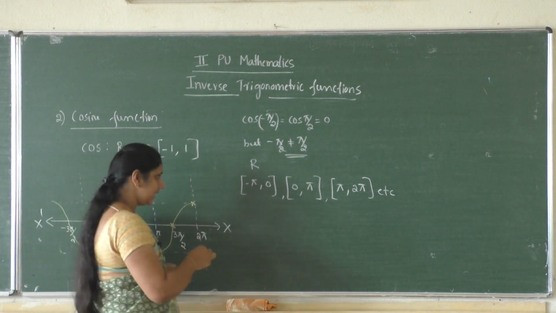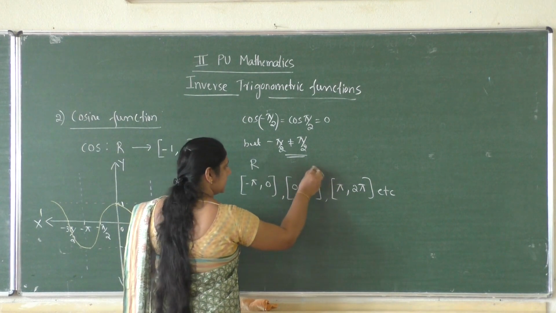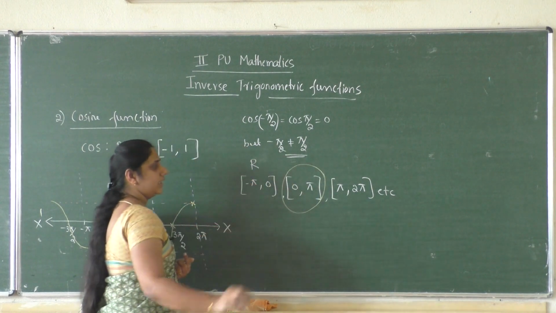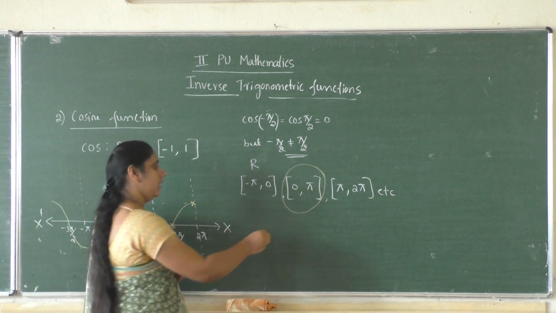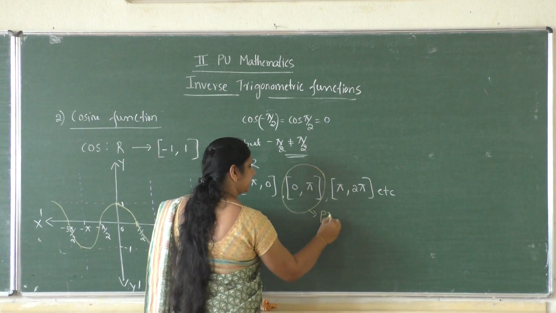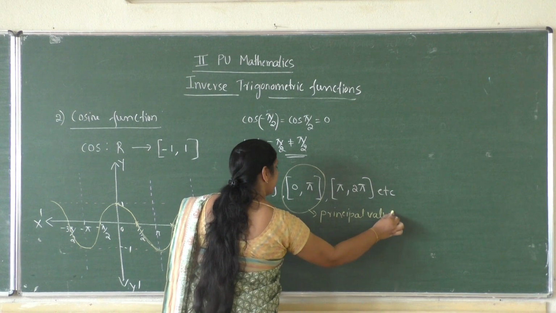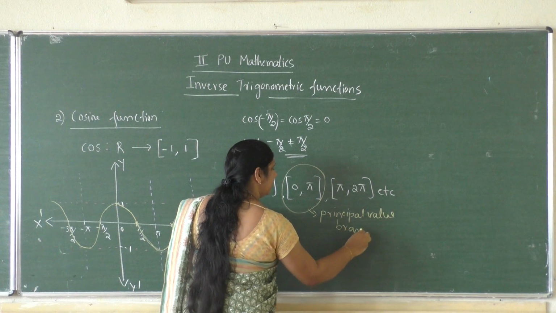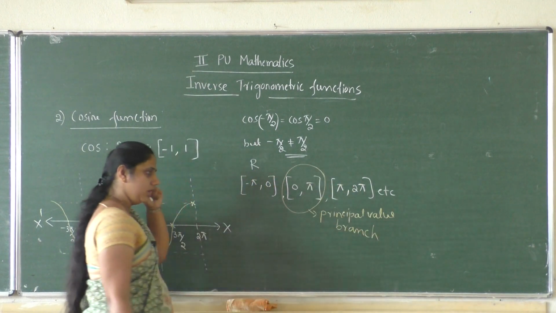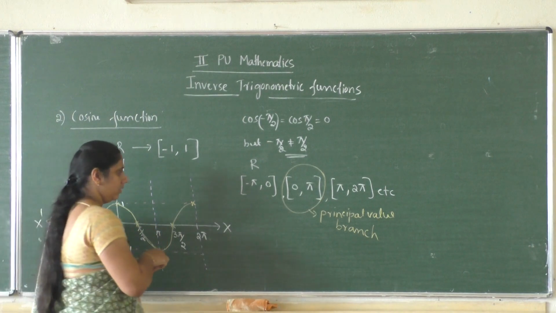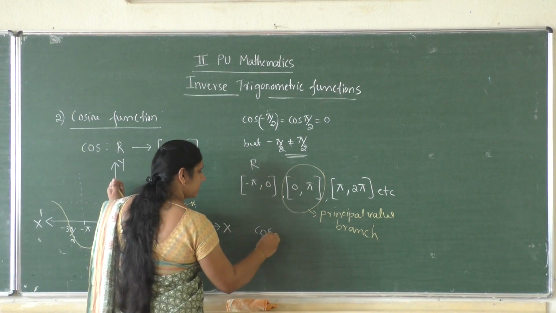And among these intervals, this interval, that is the closed interval 0 to pi, is called the principal value branch.